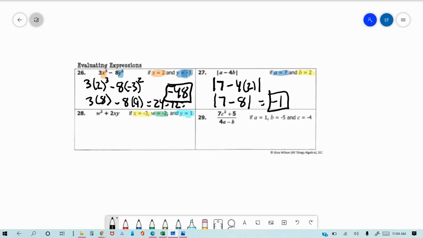So, Y is negative 2 squared plus 2 times negative 3 times 1. So we're going to do our parentheses and our exponents first. So 4 minus 6 is equal to negative 2. So your answer is negative 2. That's not too hard, right?